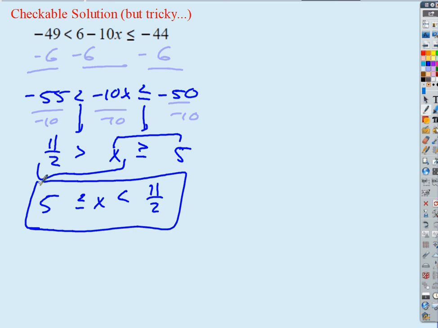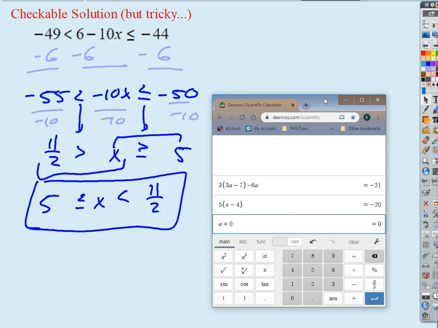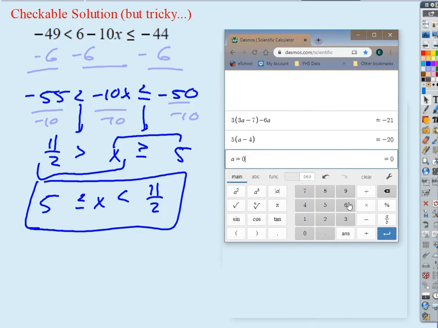Okay, so what's going to happen? Watch what happens here when I plug in the endpoints of my interval, 5 and 11 halves. What do you think should happen when I plug those in? What's your intuition tell you about this? So let's plug it in. So 6 minus 10x is what I'm plugging it into.